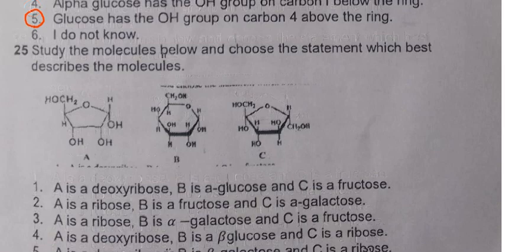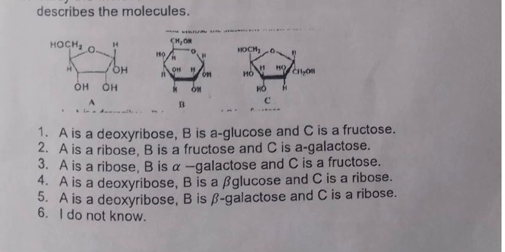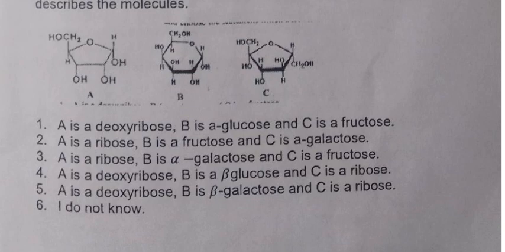So let's see on the answers. So the answers are saying C. C is a fructose. Yeah, so this is true. C is galactose, no. C is a fructose, yeah. C is a ribose. So we have option 1 and 3. That's the best answers. Let's see now.